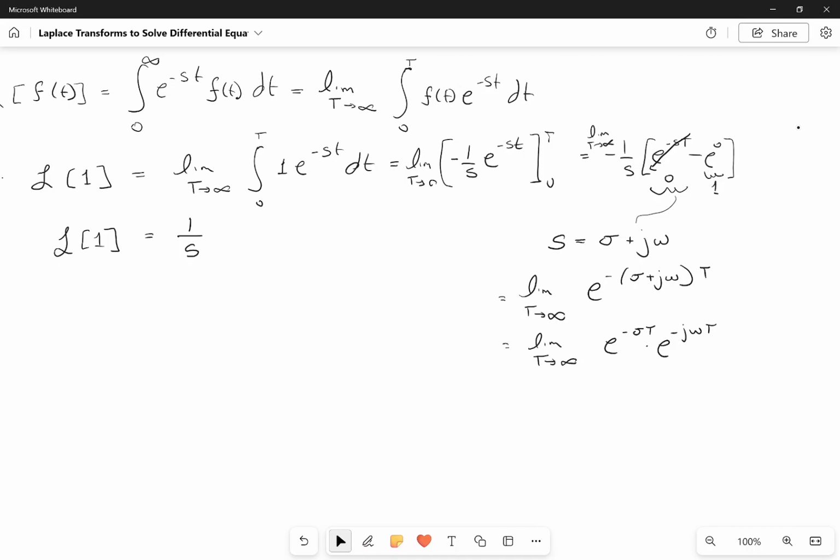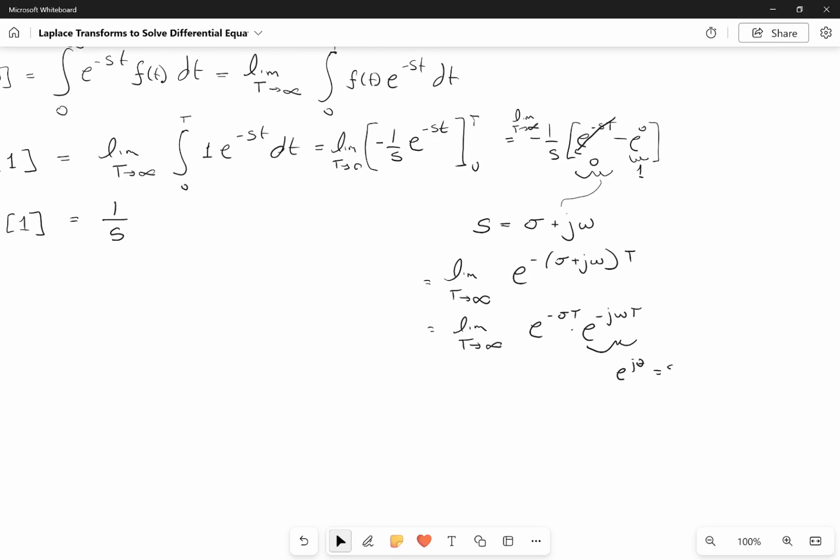Now, we know that e to the j theta is cos theta plus j sine theta. So this is a sinusoid, which will never be 0. So the only thing that matters is the real part of s.